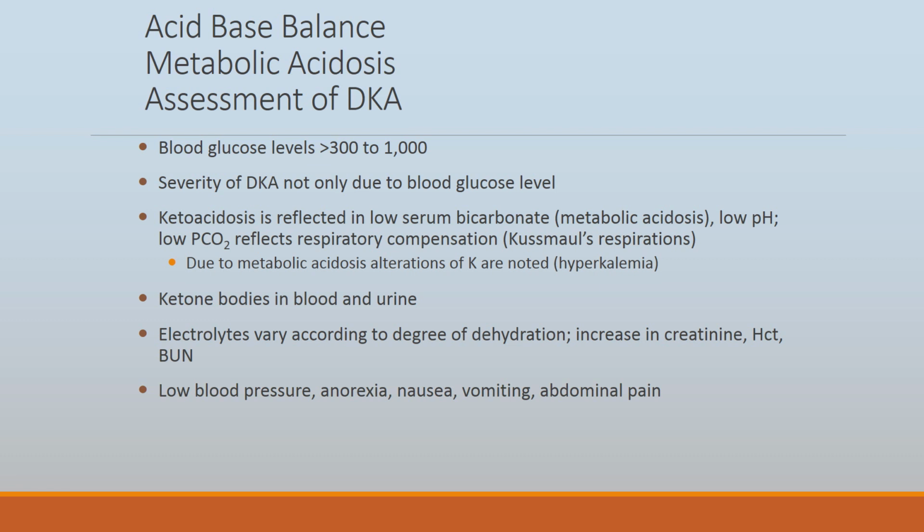Because the cells are deprived of sugar, the body tries to get rid of the excessive amount of glucose in the vasculature. So the kidneys start producing urine, and we see polyuria. And because of the polyuria, we see dehydration.